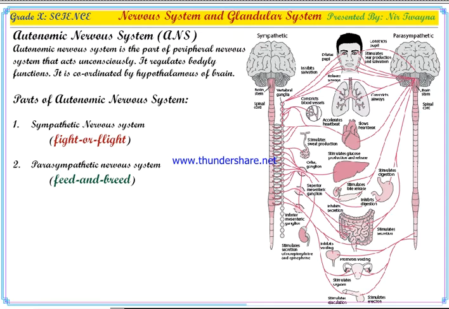For example, if your rate of heartbeat is supposed to be 72 per minute, 72 times per minute is your normal heartbeat rate.